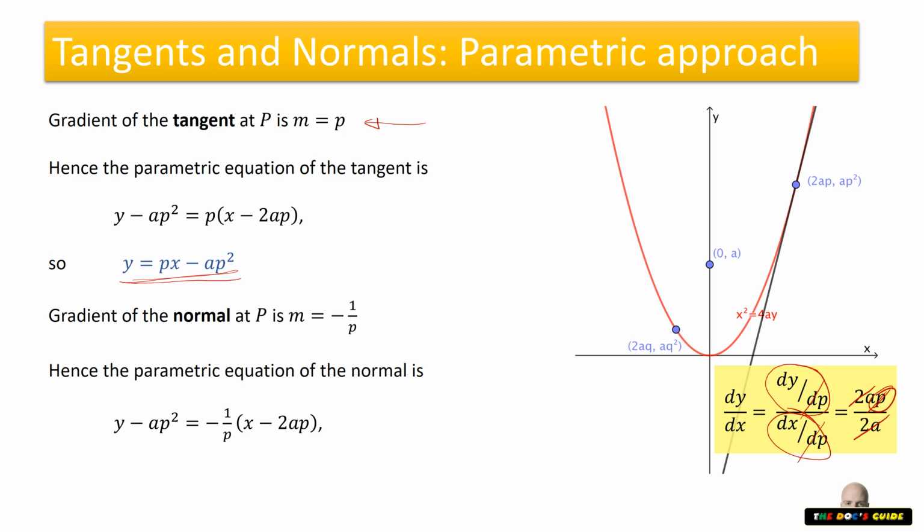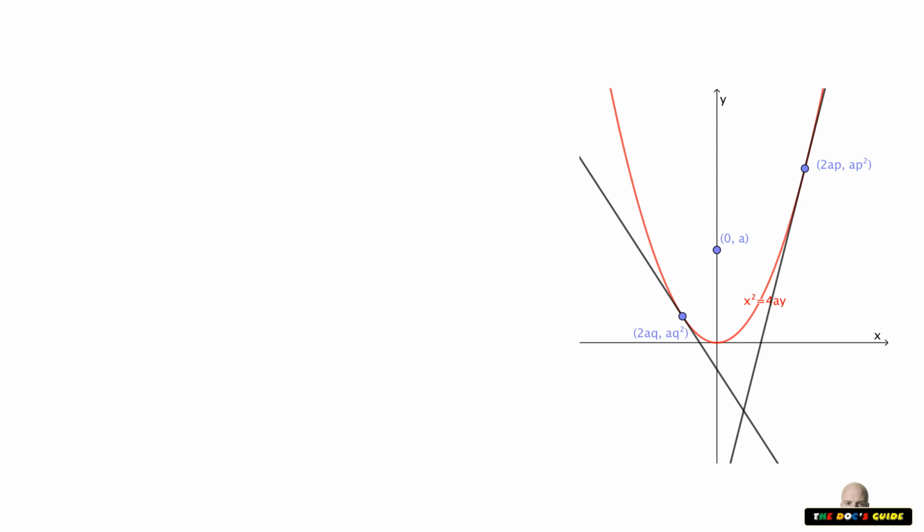The algebra is a little bit more fiddly this time. We have to multiply through both sides by p to get rid of the fraction, then rearrange, and we get this as the equation of our normal. Once again though, we don't need to memorize this equation. We just need to memorize the method.